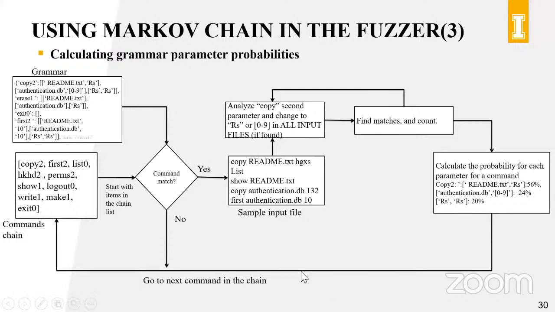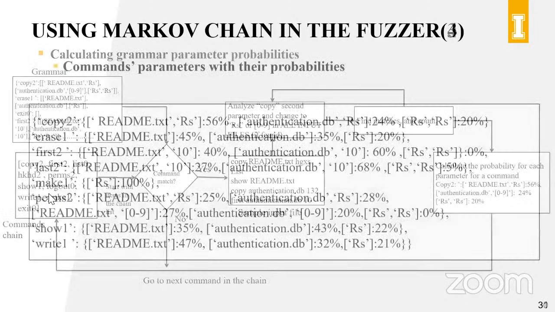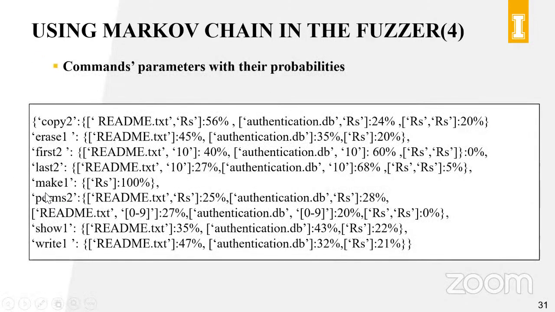Then we go back to the next command and find if there is a match. If yes, we do the process again. If there is no match, we go to the next command until we finish the command chain. After this process, we get the grammar rules, or grammar parameters, with their probabilities.